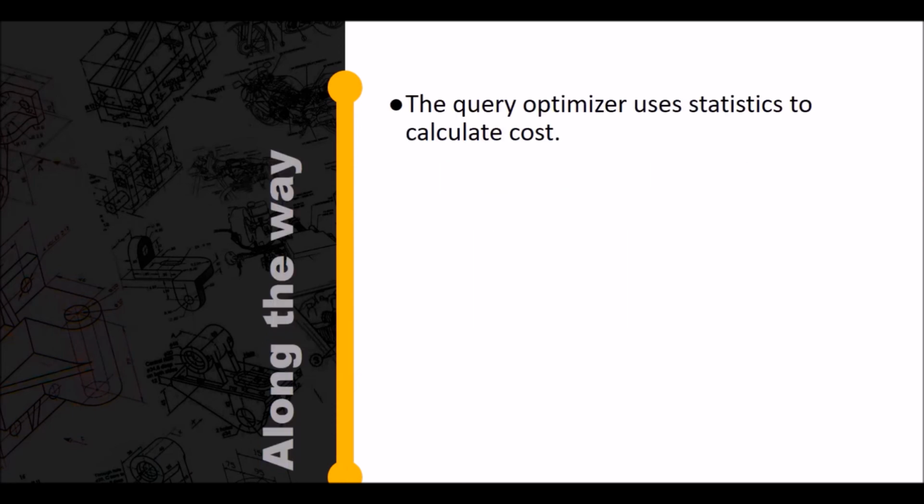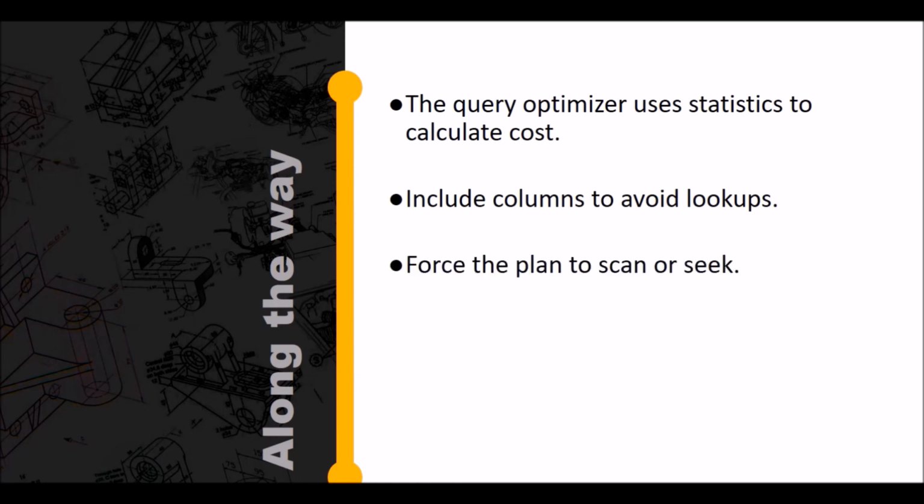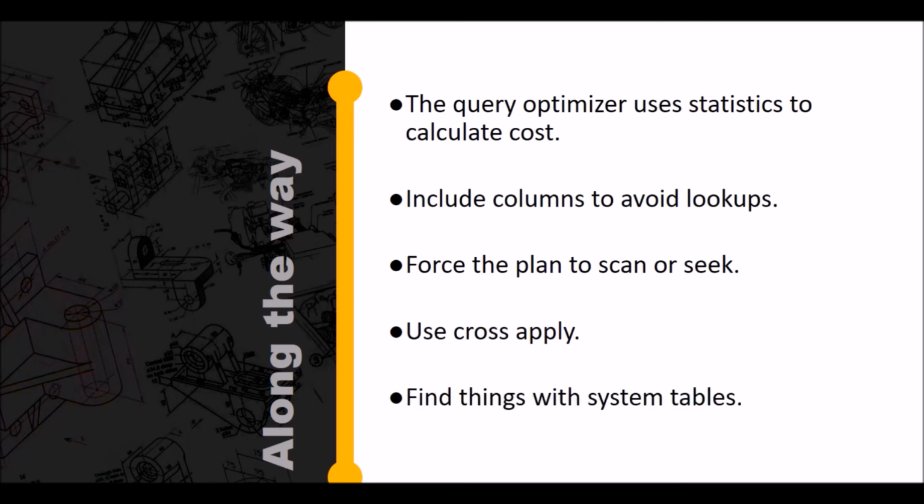And along the way, I hope you learned a few other things, like what cost is for, and how to avoid lookups by including additional columns in your indexes, and how to force a scan or a seek, and how to use cross apply, and maybe using system tables to find things, and also what dynamic management functions are.